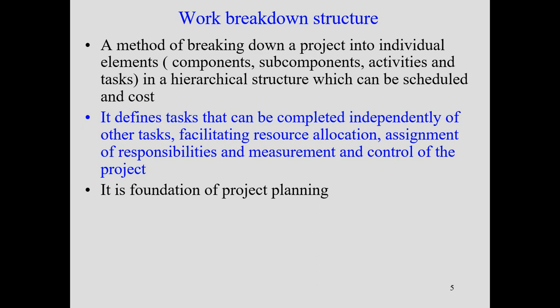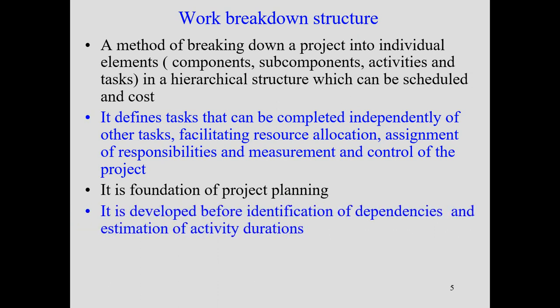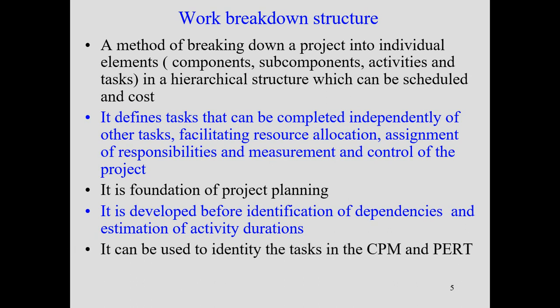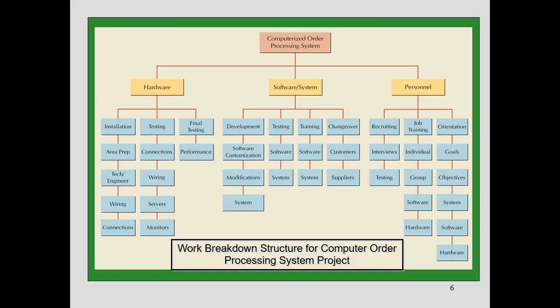This work breakdown structure can be considered the foundation of project planning. It's developed before the identification of dependencies and estimation of activity durations. It can be used to identify the tasks in CPM and PERT. These are the two techniques which we are going to discuss in this particular session.